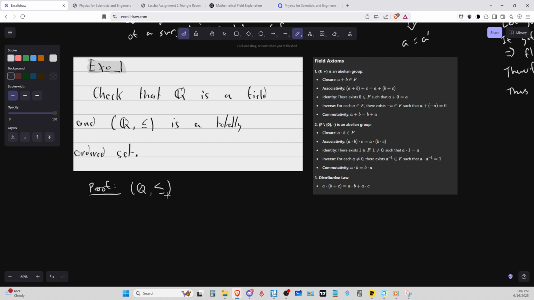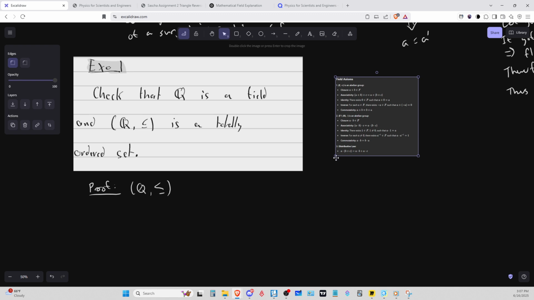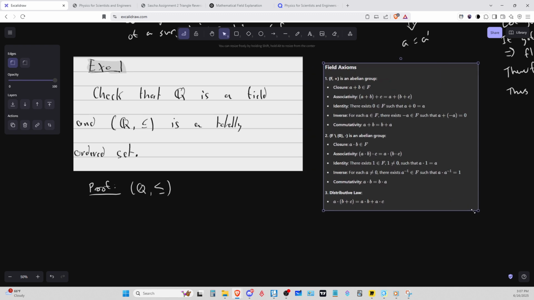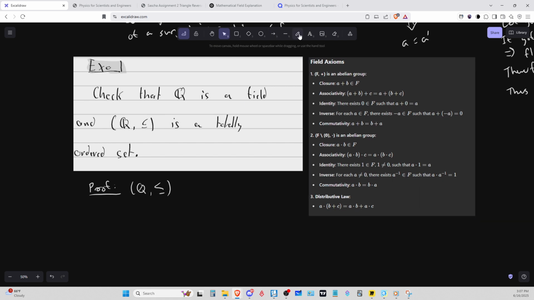So it's under closure. Oh yeah, this is supposed to be multiplication, I think, because this one's addition and this one's multiplication. Oops, didn't mean to write that. Let me make this a little bit bigger. All right.